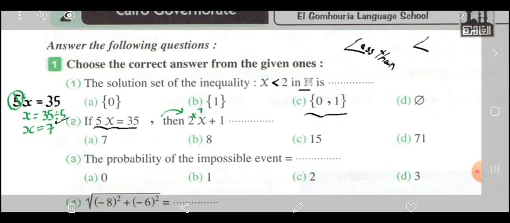Then x equals 35 divided by 5, it means x equals 7. Then we put 2x plus 1, it means 2 times 7 plus 1. 2 times 7 equals 14, plus 1 equals 15. Then we choose answer C, 15.